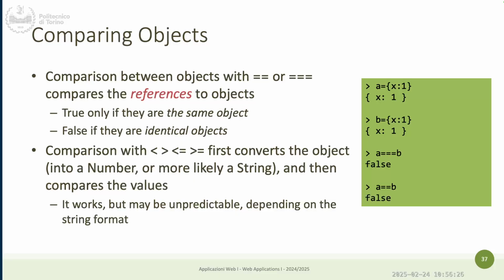And it will compare the string version of the two objects, which is not usually a good thing to do, because in some cases the conversion of an object into a string is a string called object, not the actual values of the object. So basically what I'm saying is, don't expect comparison between objects to work. Always try to compare the values inside the objects, but not the objects themselves, because the results will be unexpected.